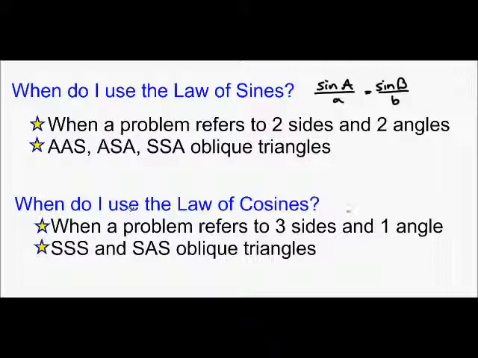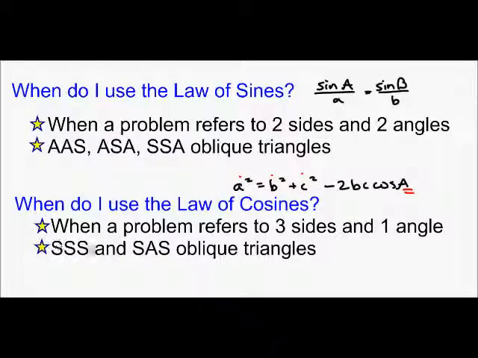So when to use the law of cosines? You have a problem referring to three sides and one angle, because that's what you need to fill in that formula. So looking at this one again. We have three sides, A, B, and C, and one angle. Then you need to use the law of cosines.